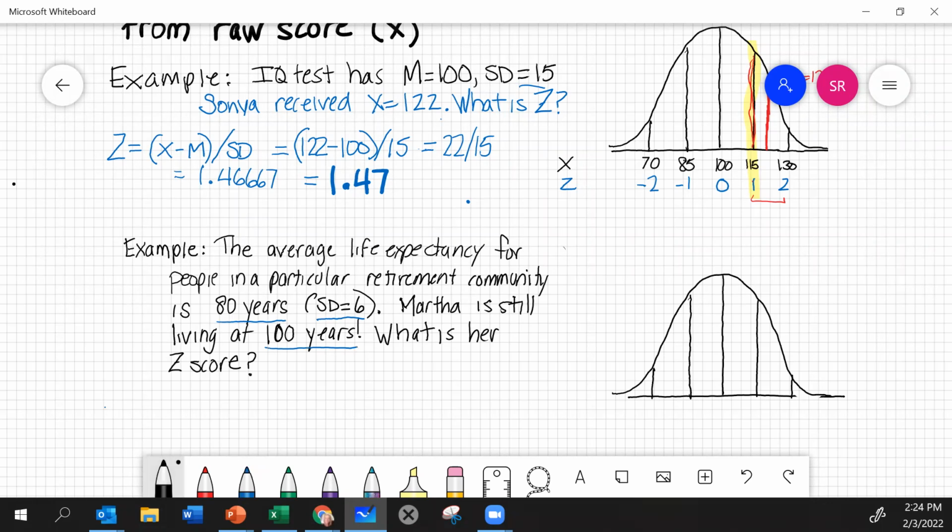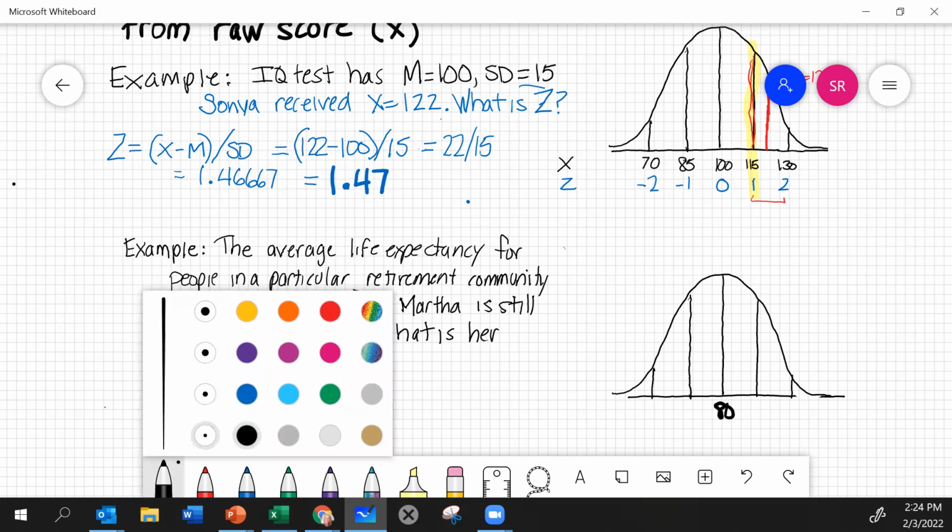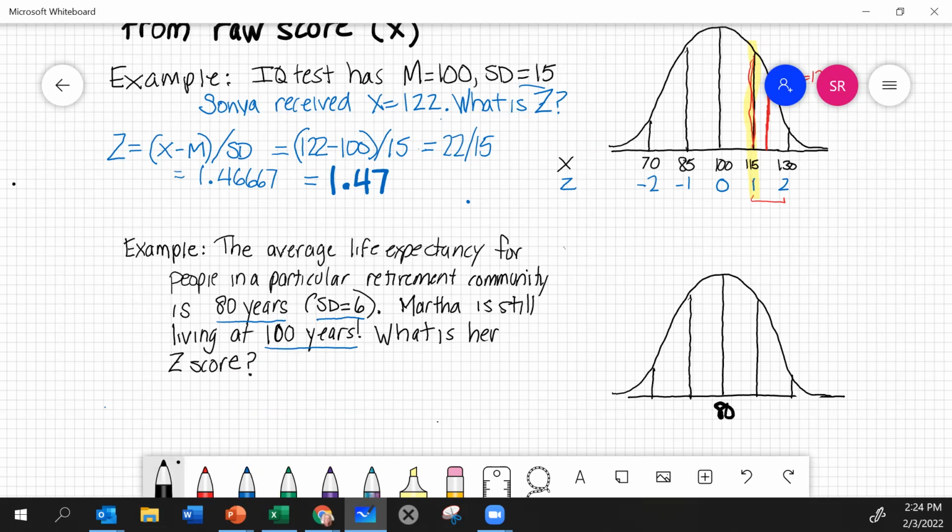So the first thing I'm going to do is plot out my raw scores and my z-scores on the graph. I'll put the mean in the middle, 80. And I would add 6, the standard deviation, to get 86, and another 6 to get 92. I'll subtract 6 to get 74 and subtract 6 again to get 68.